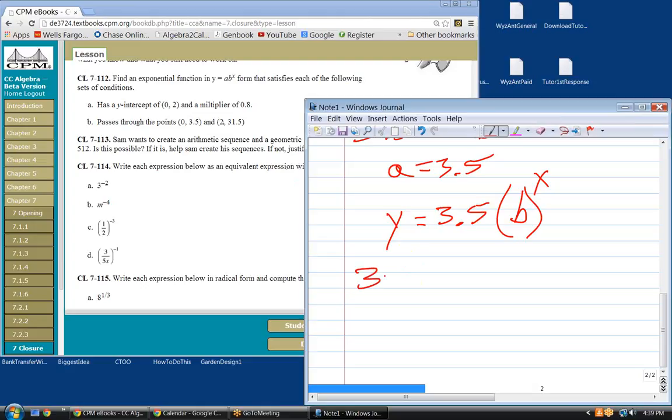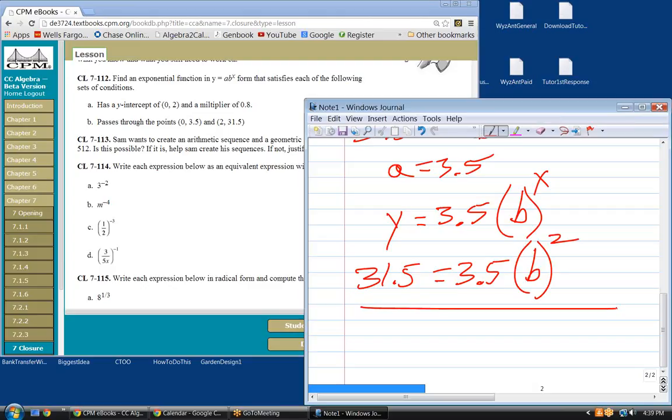In other words, 31.5 is the y value, and that's equal to 3.5 times b squared, because they're telling us that when x is 2, y is 31.5. Now you have one equation, one variable, you can solve for b. How do we do that? What's the next step in solving for b here?